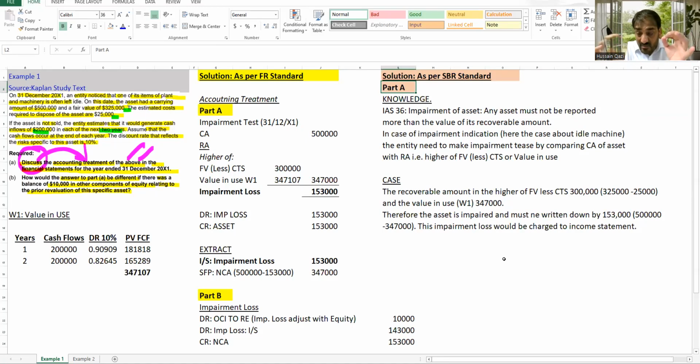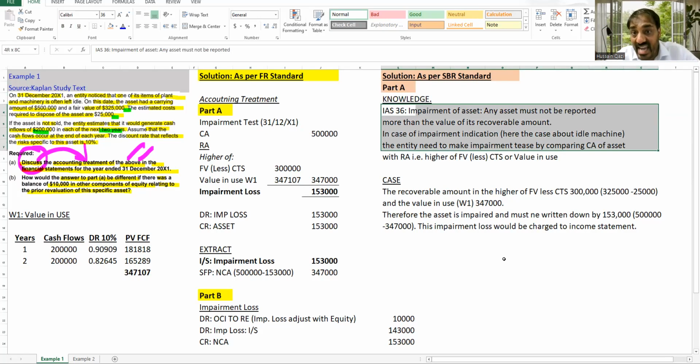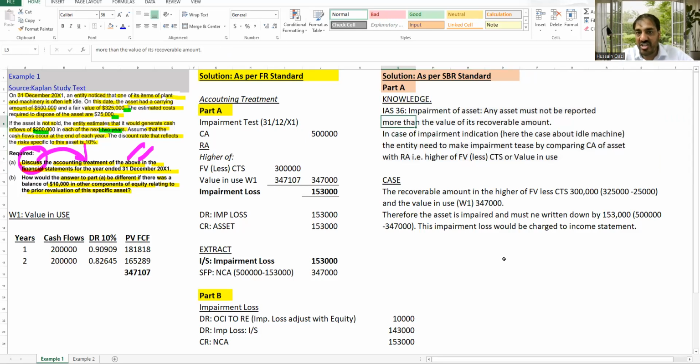Does it mean we need to learn the exact wording, memorize, mug up the exact wording of the accounting standard? No. Even deliberately I haven't mentioned the exact wording of the accounting standard here. I just wrote the answer with my own wording. So during the preparation, your practice must not be like this, like F7.